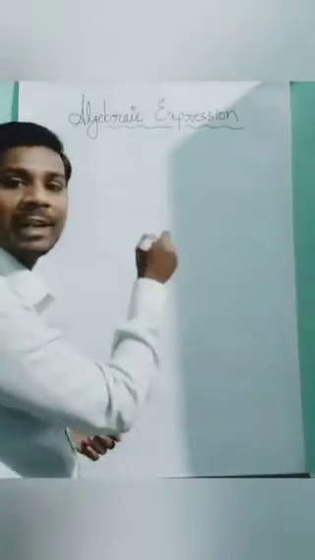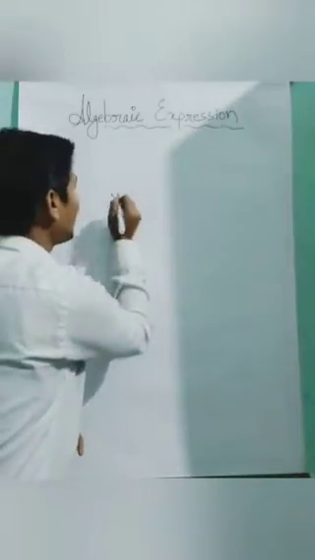Now let's discuss algebraic expression. We have discussed variable and constant, so we will use this variable and constant in an algebraic expression. I am taking one variable like y and one constant which is 3.